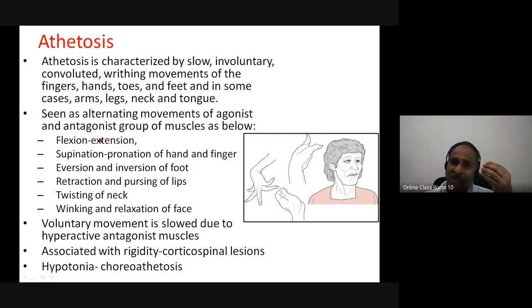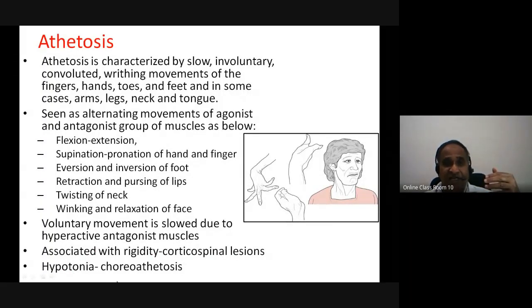All these are part of the athetotic movements. The voluntary movement is slowed due to the hyperactive antagonist. Suppose he wants to do some voluntary activity, so they are slowed. It is associated with rigidity and other corticospinal lesions.